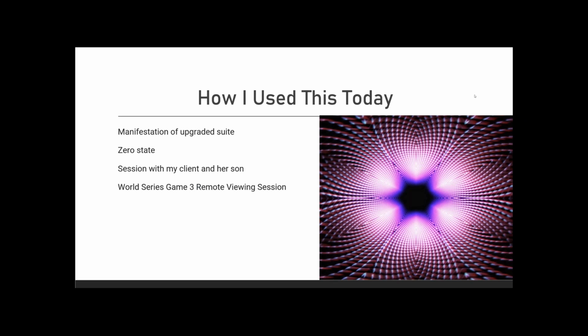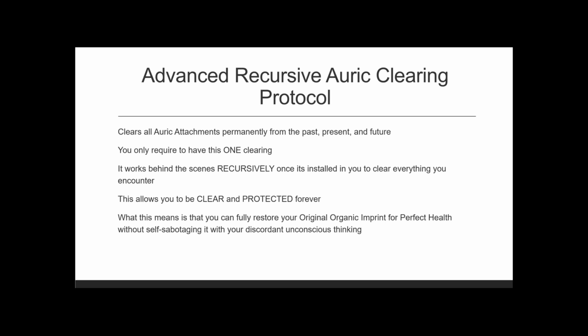But for this webinar, what we're focused on is the Auric attachments. So what the advanced recursive Auric clearing protocol does is it clears all Auric attachments permanently from the past, present, and the future because it's recursive.